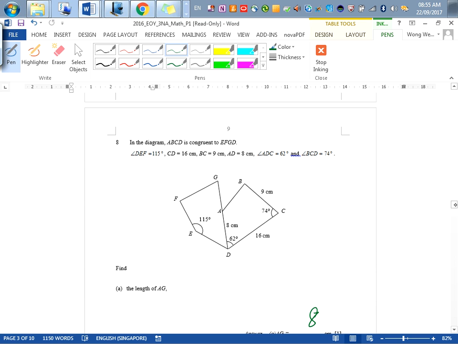This one over here we have A, B, C, D congruent to E, F, G, D. Congruent? Exactly the same. Since they are exactly the same, I will draw them side by side in the same orientation. Okay, so this is my A, B, C, D already.